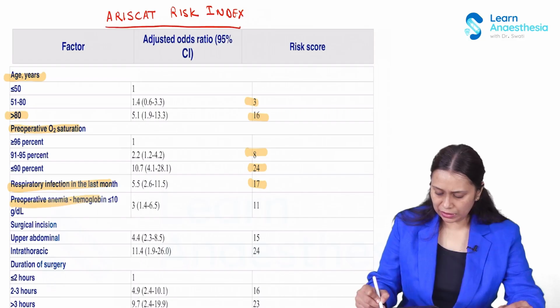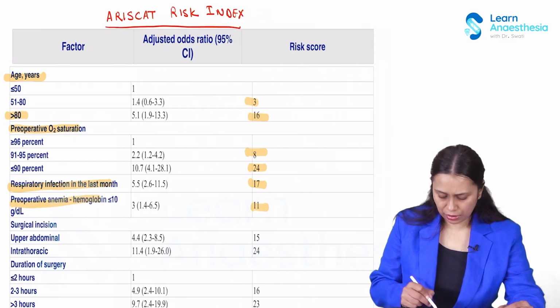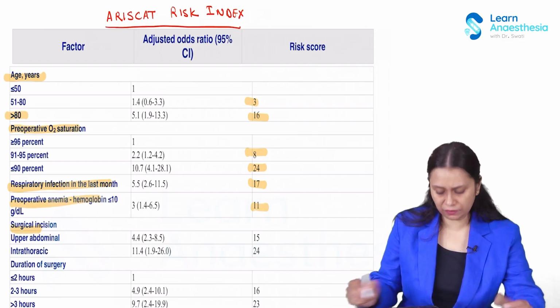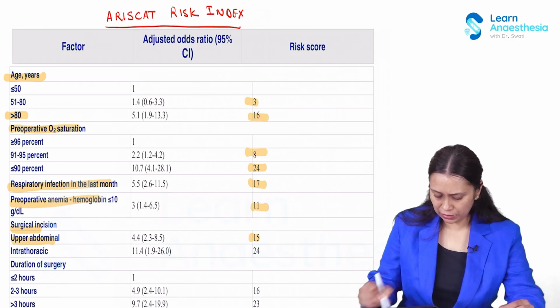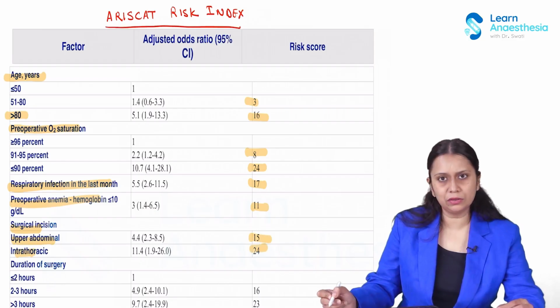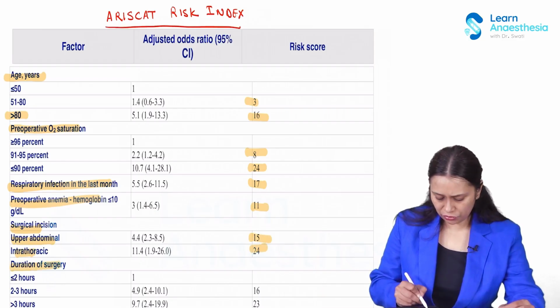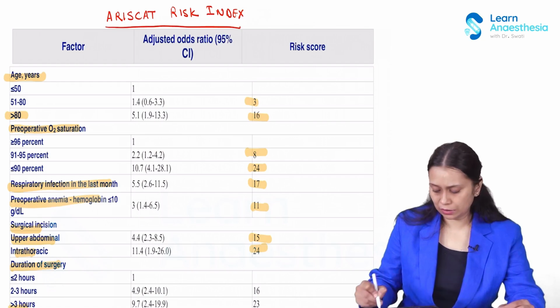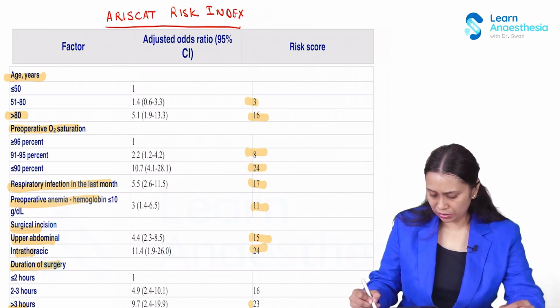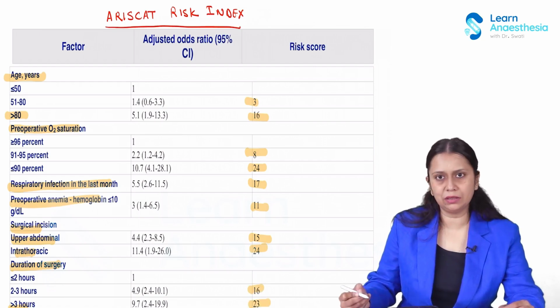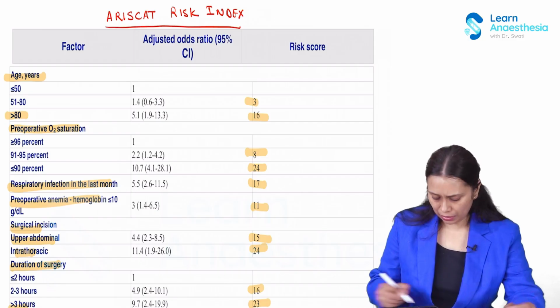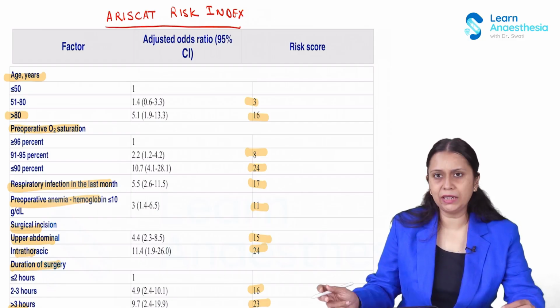Preoperative anemia, 11 is the risk score. Surgical incision: upper abdomen 15 and intrathoracic 24 is the risk score. Duration of surgery more than 3 hours, it is 23, 2 to 3 hours 16, and less than 2 hours 0. Emergency surgery, the risk score of 8 has been given.